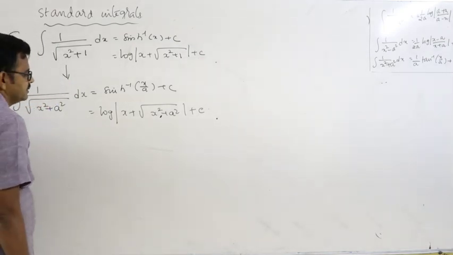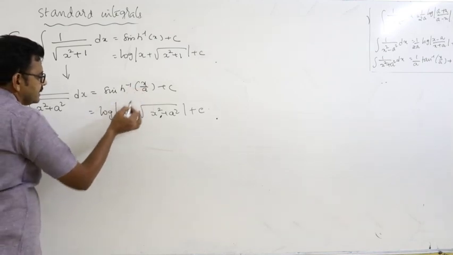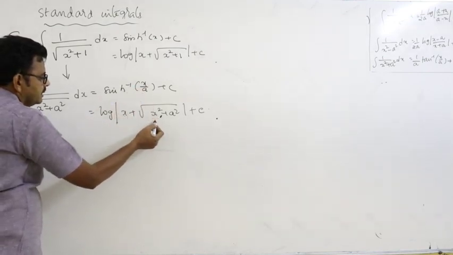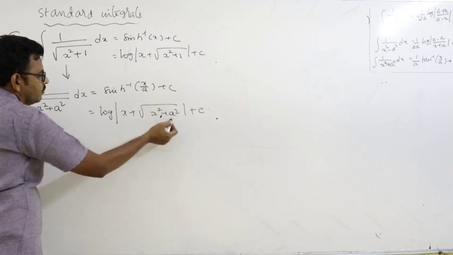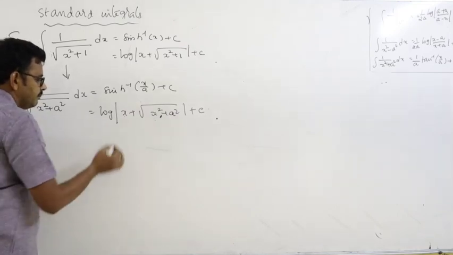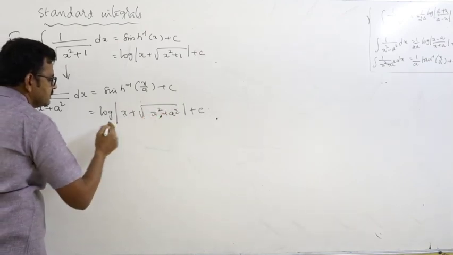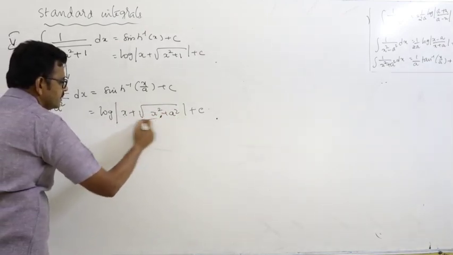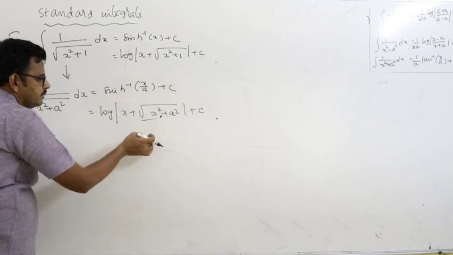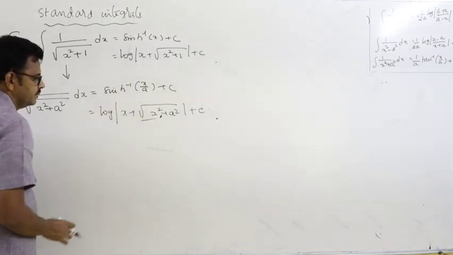In place of x, if you write x by a whole square plus 1 actually, by taking LCM, x plus root of x square plus a square by a, you will get a. Log a by b means what? Log a minus log b.